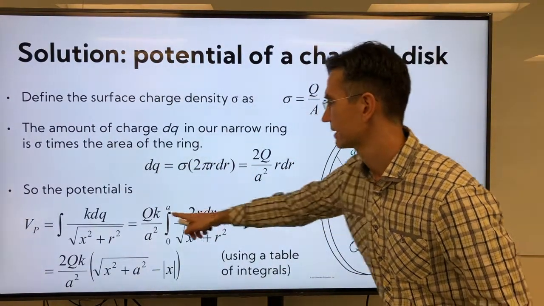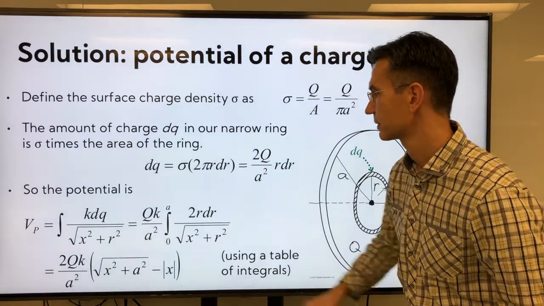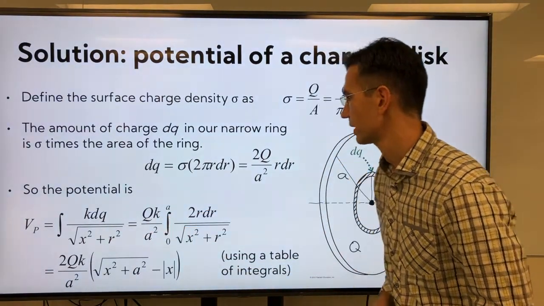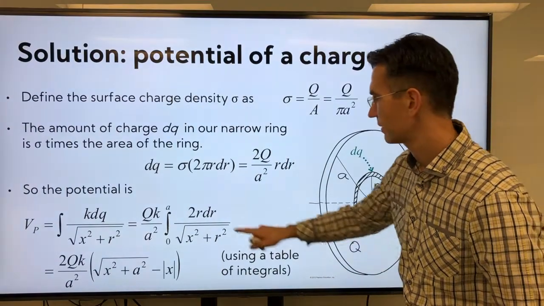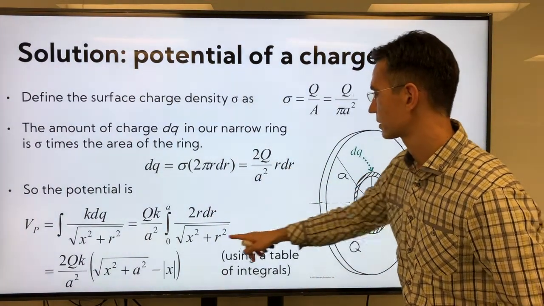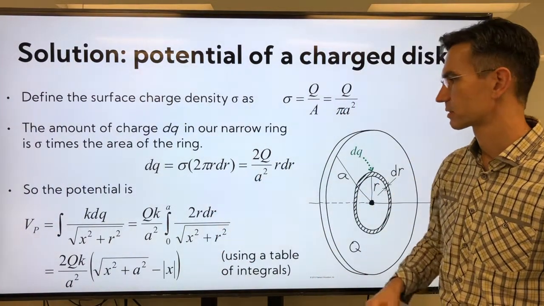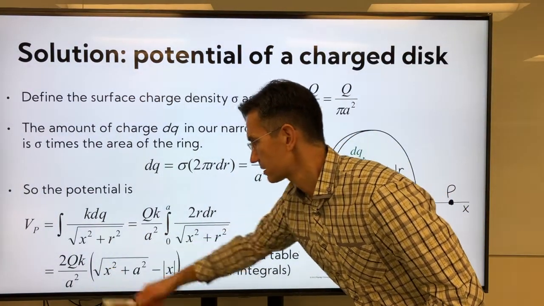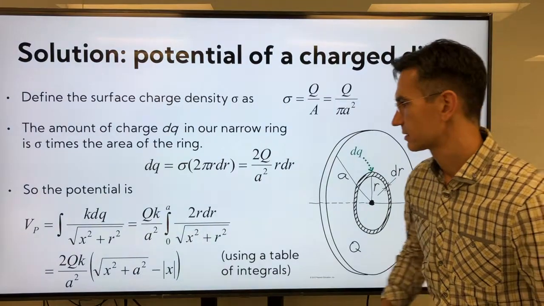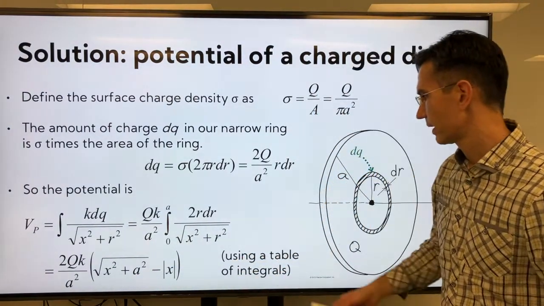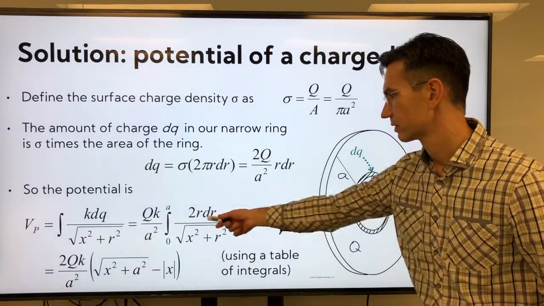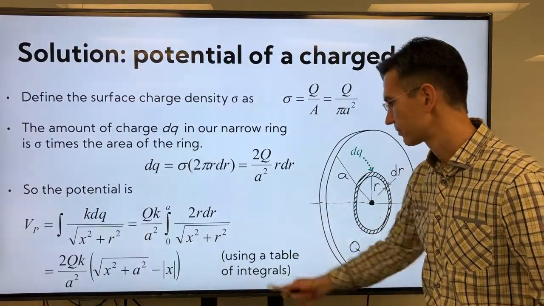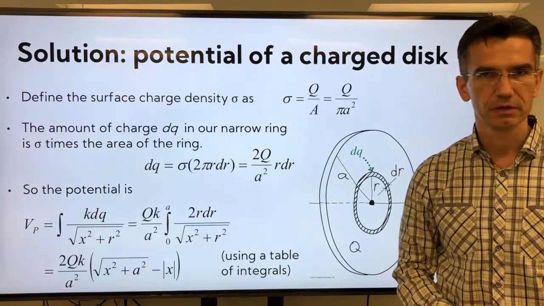Taking out constants in front of the integral, we get Qk over a squared, and under the integral we have 2 r dr over the square root of x squared plus r squared. It's going to integrate to 2kQ over a squared times this expression, where the evaluation of this integral we get from using a table of integrals.